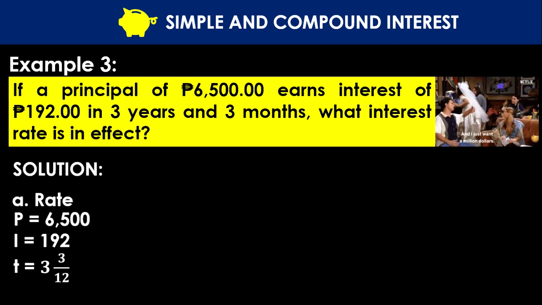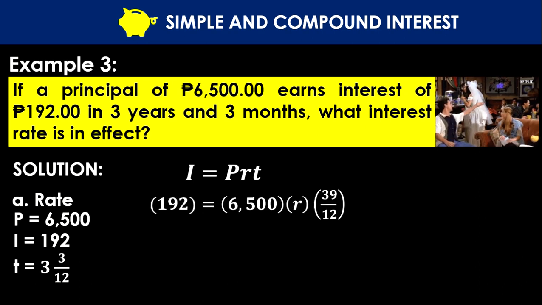In order to solve for the rate, all we need to do is to substitute into our formula the principal amount of 6,500, the interest of 192, and then since again we have 3 years and 3 months, we need to convert that 3 months into years, so 3 over 12, or 1/4, or 0.25. Then let's substitute: 192 is equal to 6,500 times R times 3 and 3 over 12.